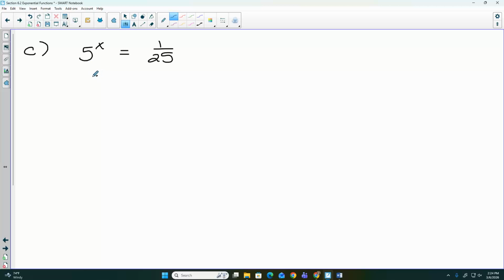It's really hard to change 5. 25 is 5 to what power? Squared. What would make it go to the bottom? Negative. 5 to the negative 2 is 1 over 25. So that means x is negative 2.